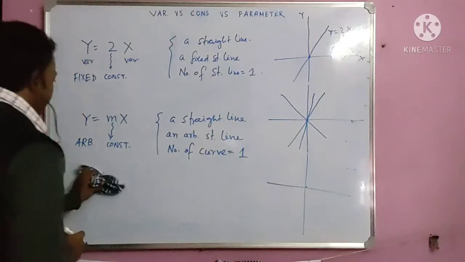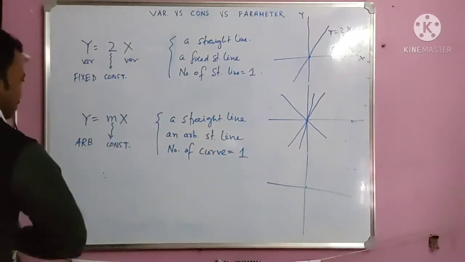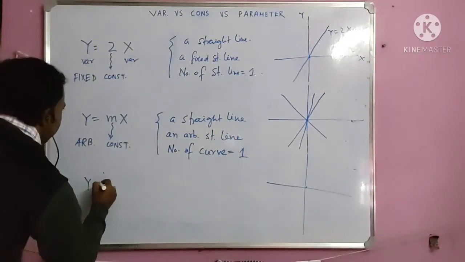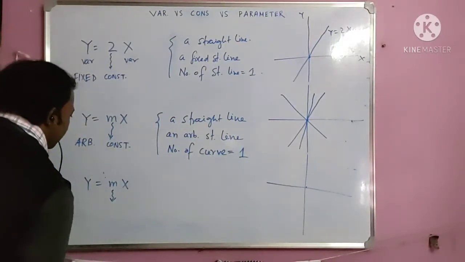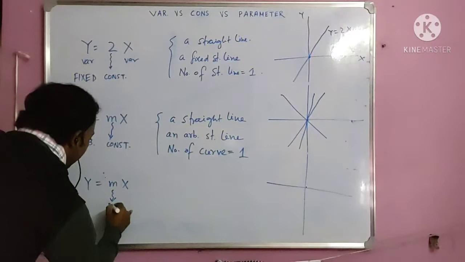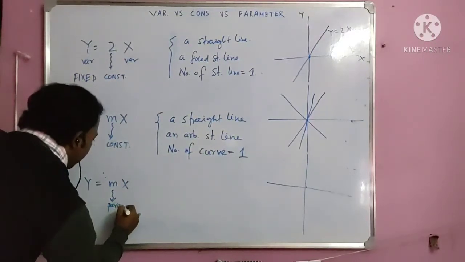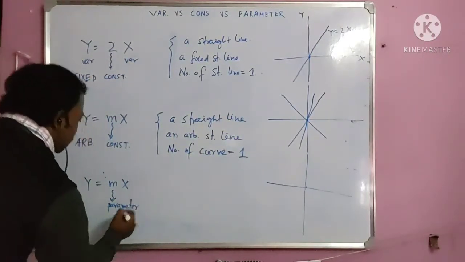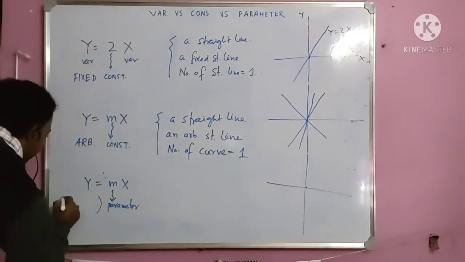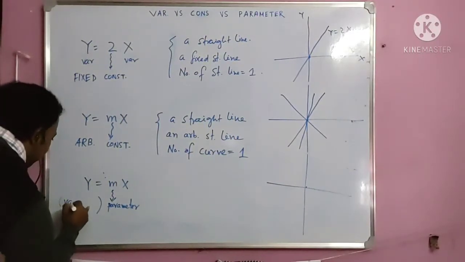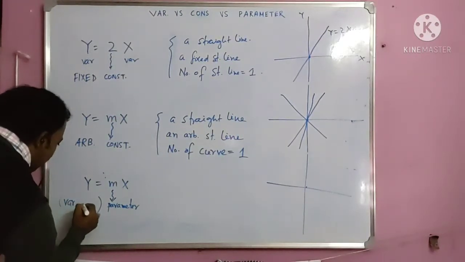The third, if we let this constant vary, in this case, if we write m not as a constant, rather we call it a parameter. So what is this parameter? A parameter is a constant, but that constant we are letting vary.